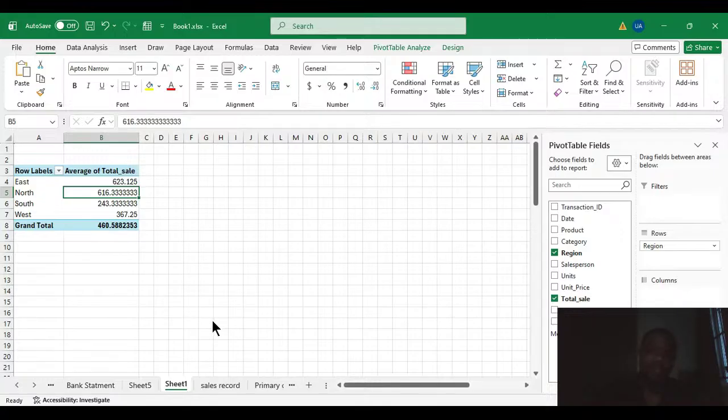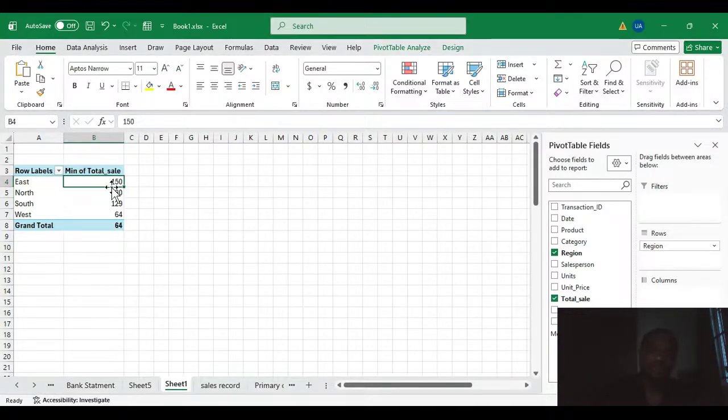We can know the minimum amount sold. Over here in the East region, the minimum amount that was sold is actually 150. In the West region, the minimum amount sold is 64. So if I right click, I also want to get the highest amount sold. I can also say max.